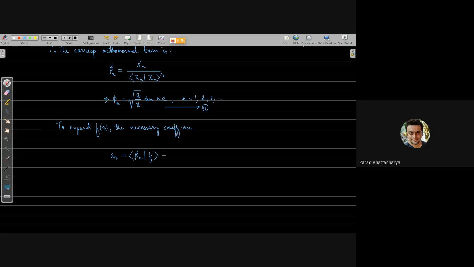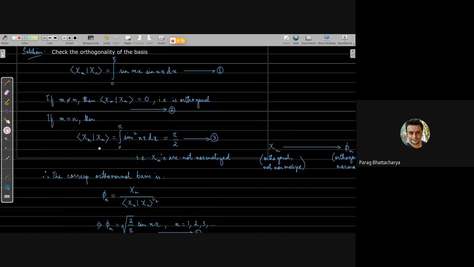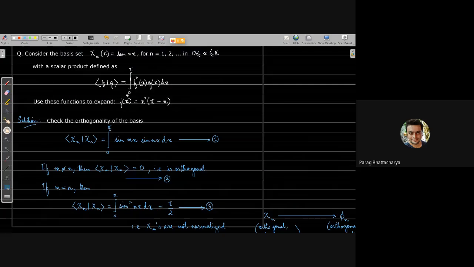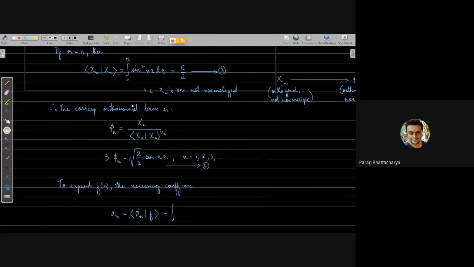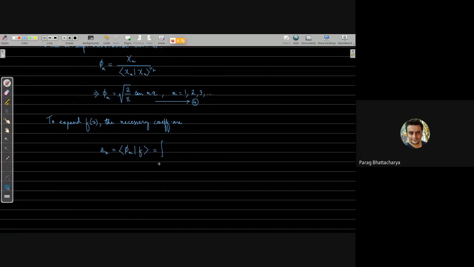So this is equal to the scalar product, which is already defined: integration from 0 to pi. The first function is phi n. No need to take the conjugate because it's a real function.